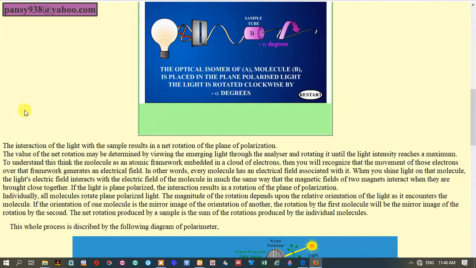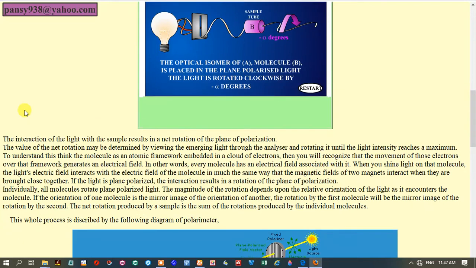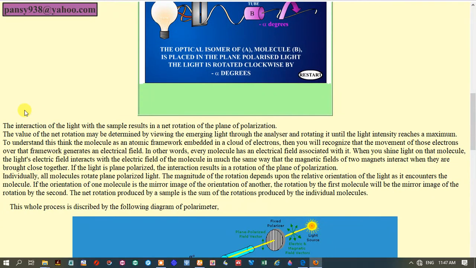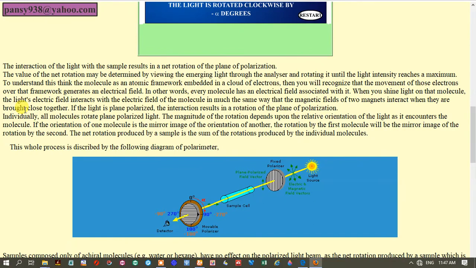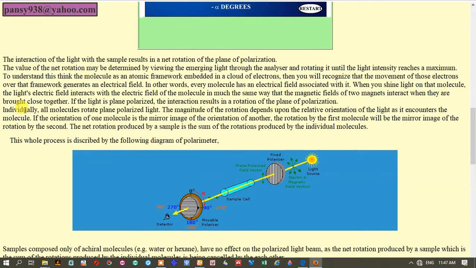The magnitude of the rotation depends upon the relative orientation of the light as it encounters the molecule. If the orientation of one molecule is the mirror image of the other, the rotation by the first molecule will be the mirror image of the rotation of the second. The net rotation produced by a sample is the sum of rotations produced by the individual molecules.